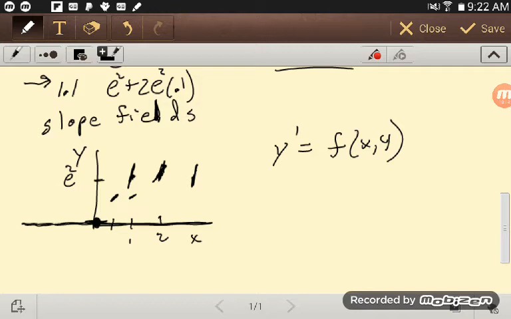It's saying our slope for our function y has some relationship with the xy position.